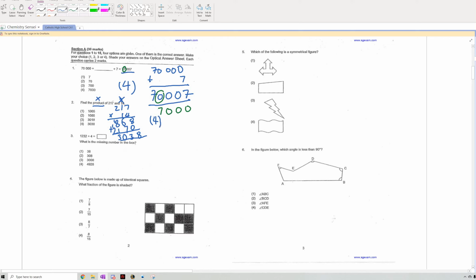In the next question, we have the number 1232 divided by 4. Let's start with the 1 over here. As 1 is smaller than 4, it is unable to be divided by 4.